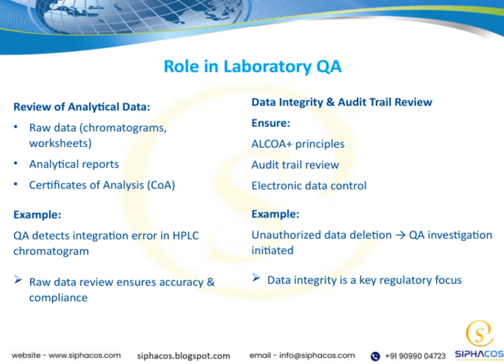Raw data review helps us catch errors early, verify that the data is truthful, and ensure compliance with all standards. In summary, diligent review of raw data and audit trails helps us uphold data integrity, which is essential for regulatory compliance, product quality, and ultimately, patient safety.